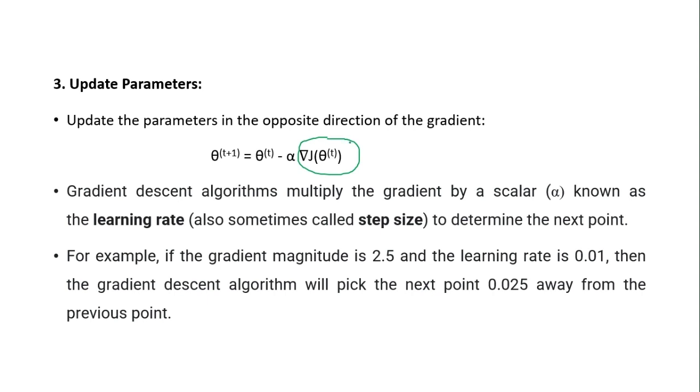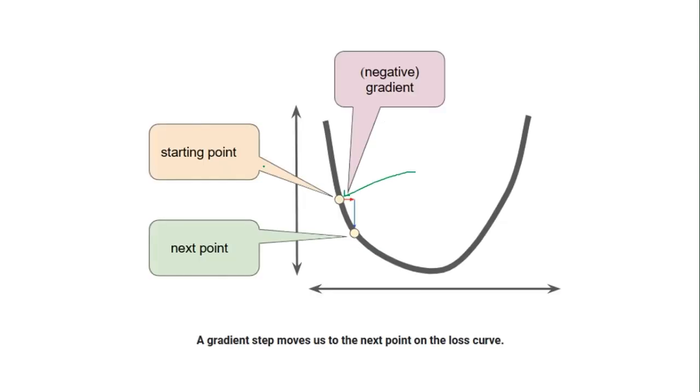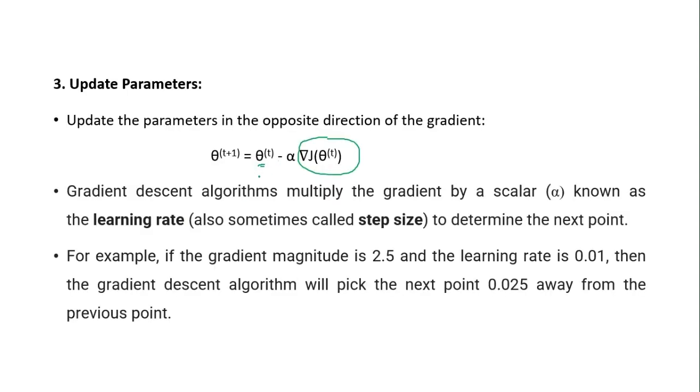When we are minusing that magnitude from the previous theta value, we are moving the theta value to a new theta value, theta t plus 1. It was theta at t, now it becomes theta t plus 1. That means here theta t plus 1.